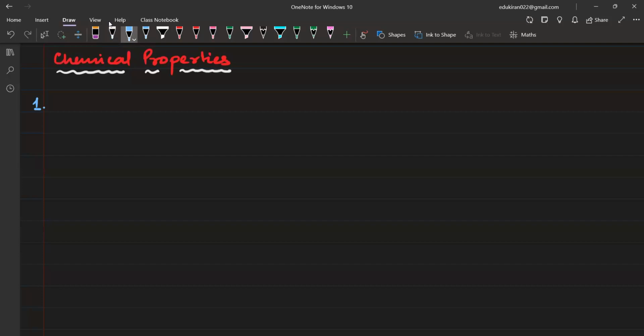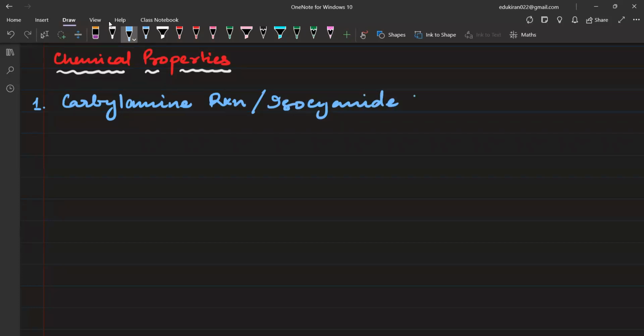Right, the first one: carbylamine reaction. Carbylamine reaction, or it is also known as isocyanide test. Okay? So any combination of words can be used: isocyanide reaction or isocyanide test, carbylamine reaction and carbylamine test.